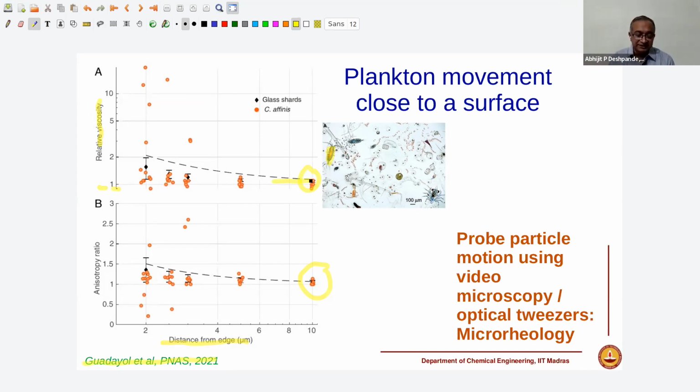So the plankton is pretty much moving around in water with the bulk viscosity. But as it approaches a wall, you can see that there is an increase, and this increase is of course predicted even for an inert material like glass. So glass also experiences a higher viscosity, but because of the polymers surrounding the plankton, the viscosity can be very high.